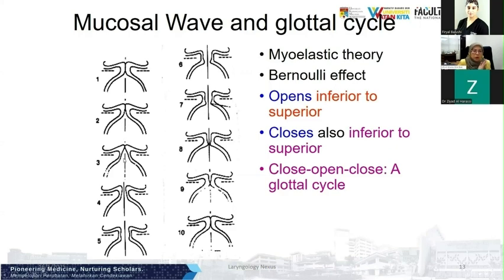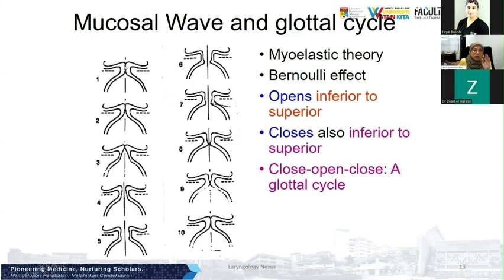It opens and opens. And then whenever there's passage of air through this narrow space, there will be a drop of pressure and the vocal fold comes together again. So this is closed phase, open phase, and close again.